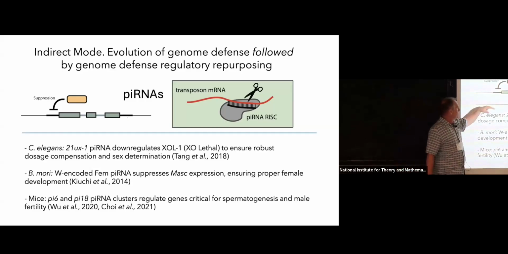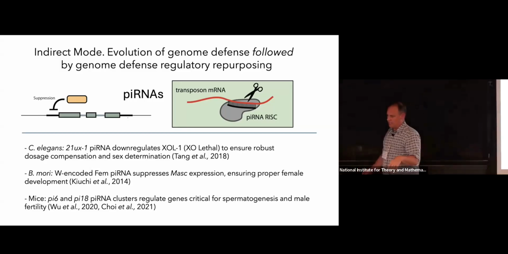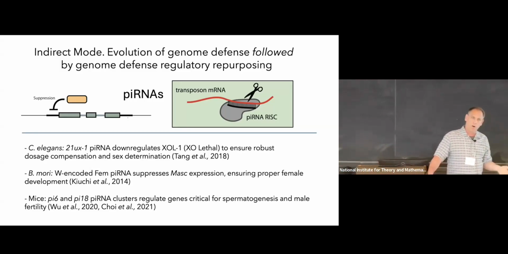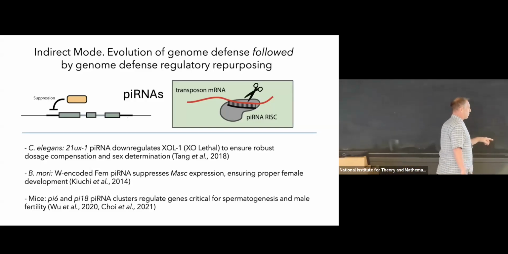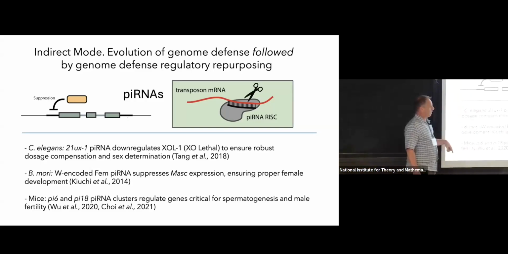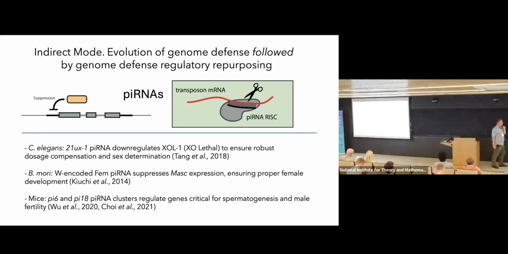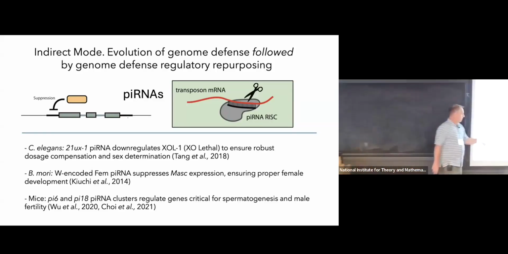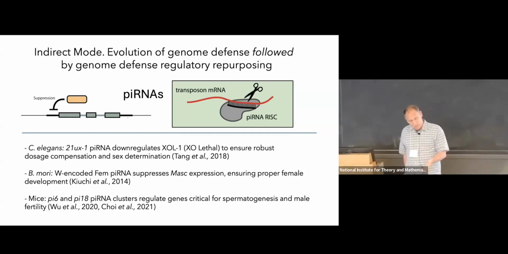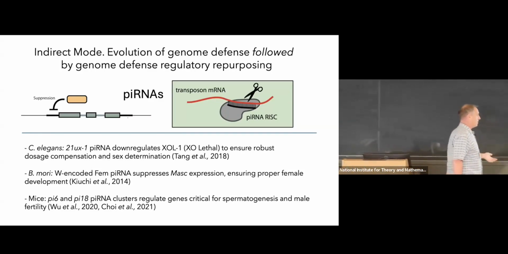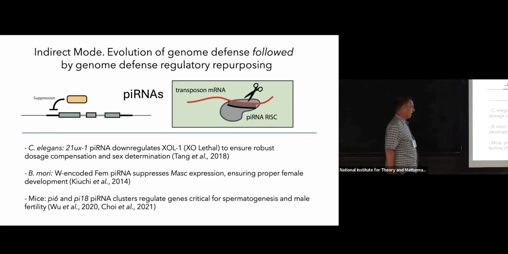So here's their suppression. But piRNAs again and again seem to have been recruited for gene regulation. In C. elegans, the 21UR-1 piRNA downregulates xol-1 to ensure robust dosage compensation. In Bombyx mori, the silkworm, there's a piRNA on the W chromosome that regulates Masc expression to ensure sex determination and proper female development.